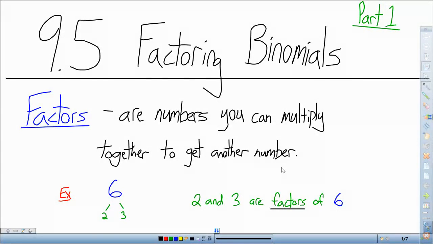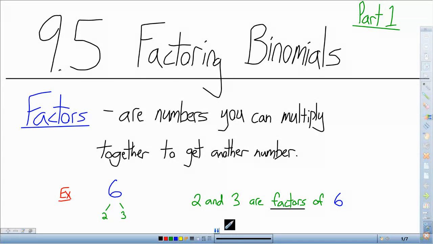Those numbers are considered factors because they can be multiplied together to get that original number. So in our first example, if I were to find some factors of 6, they would be a 2 and a 3 because those two numbers multiply together to get that number. That's a really simple way of just thinking about factors.